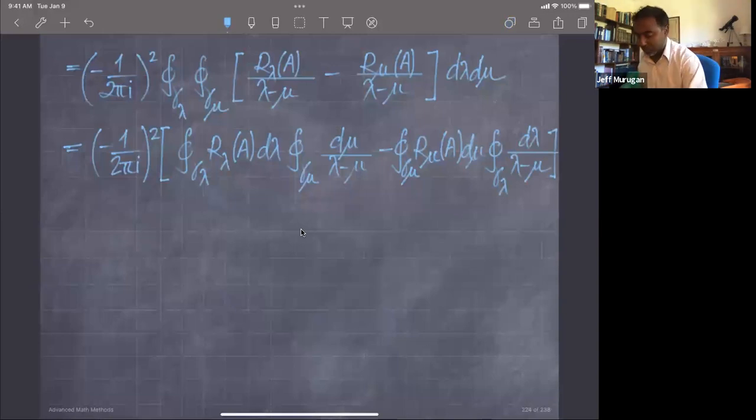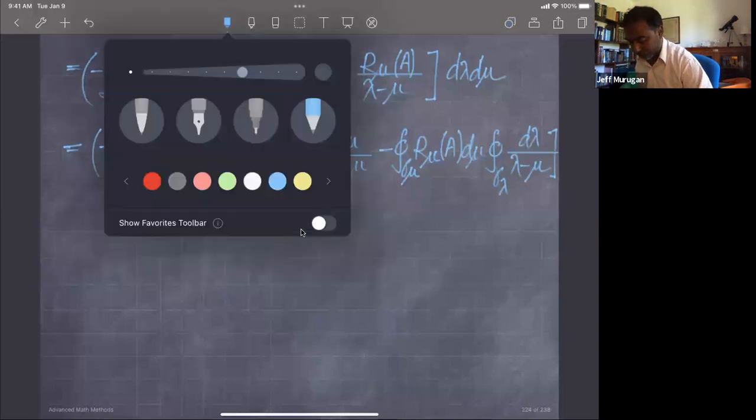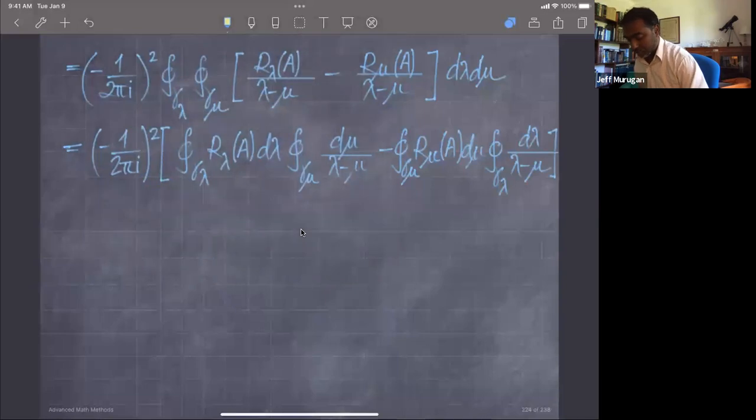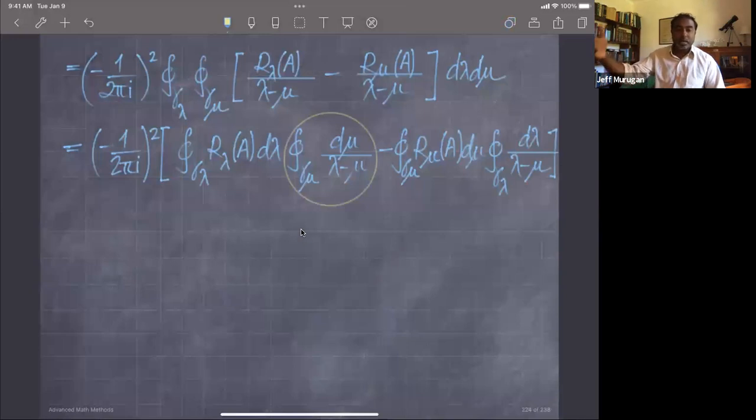Okay, so what can we say about these things? Well, the first thing we note is that in this integral, lambda lies outside of gamma mu. Remember, we chose the contour gamma lambda to be outside of gamma mu.